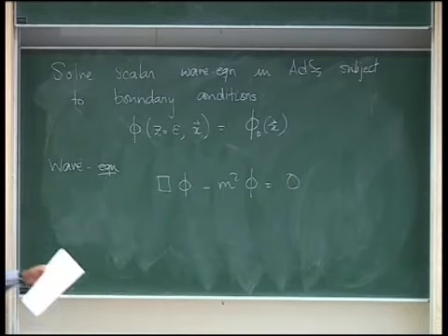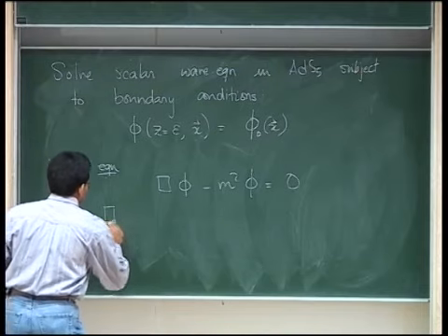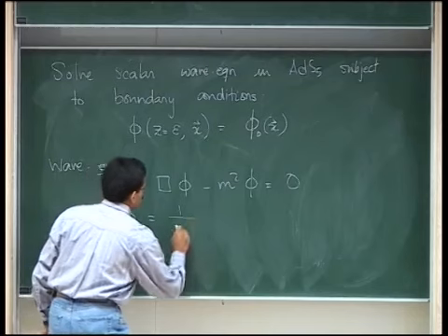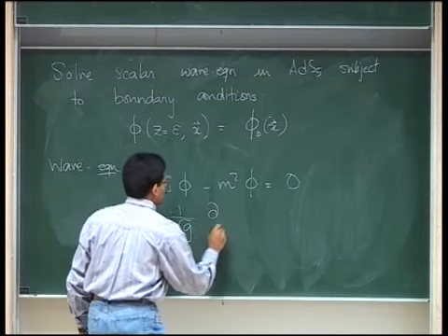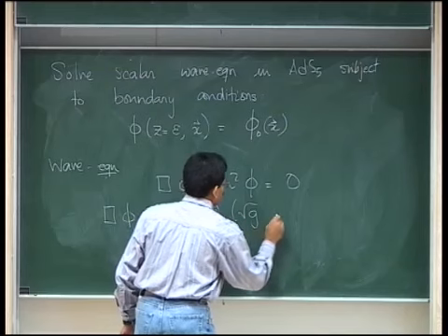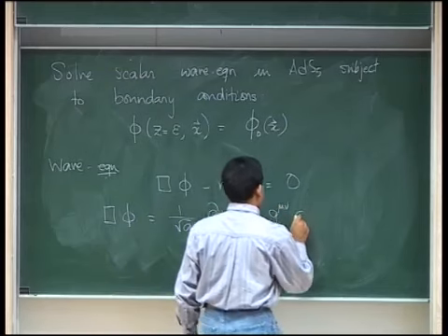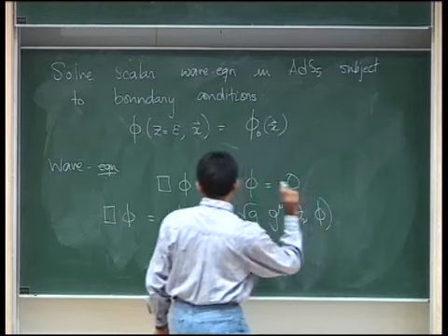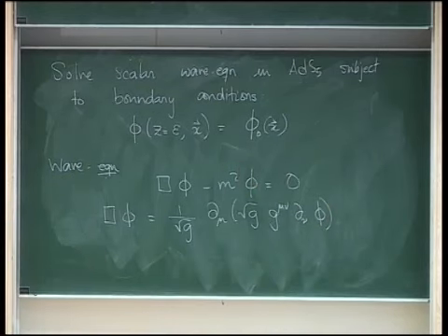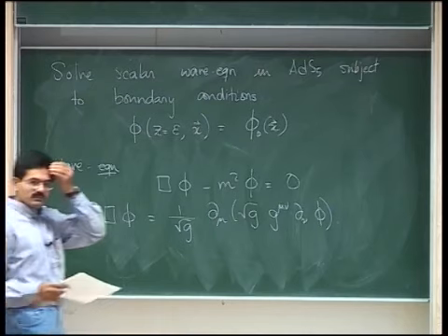The wave equation is simple, where box, as before for a scalar field, is just this.